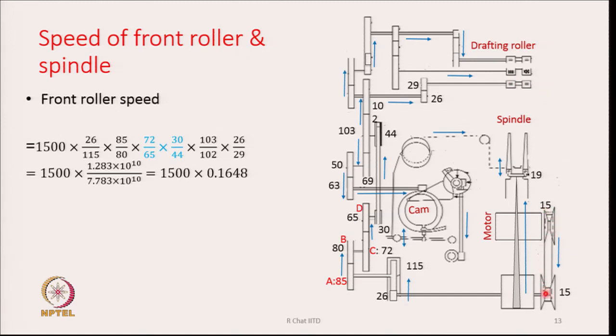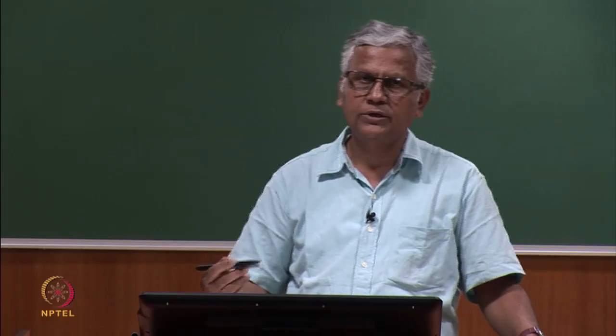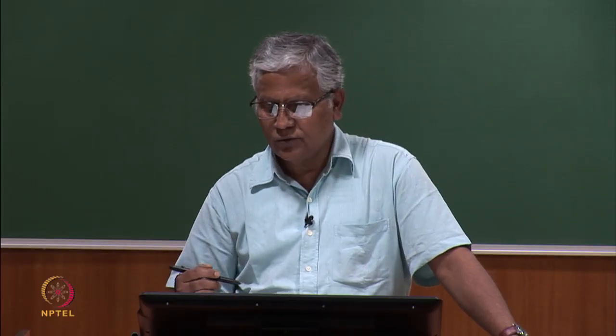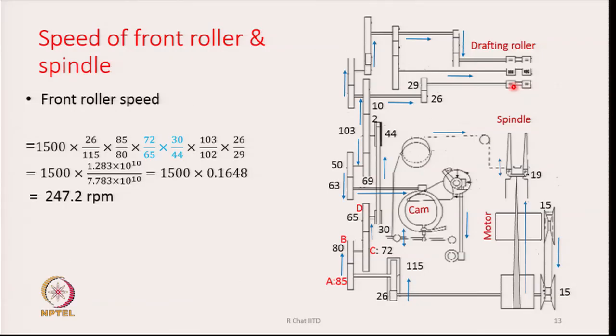So, whatever gears are there in the motion transmission path from motor to the front rollers, all of them will appear in this particular calculation, and you know the gear train ratios. If we follow this path and consider all those gears which are connected and transmitting motion right from the pulley to the front roller, all of them will appear in this equation.